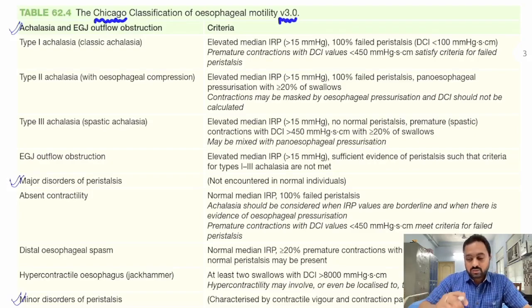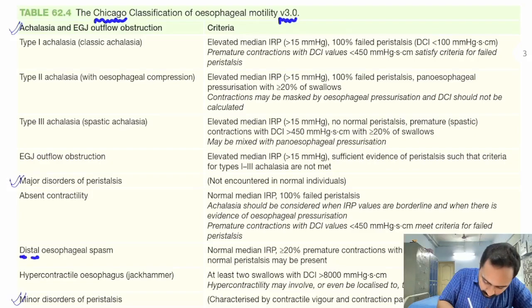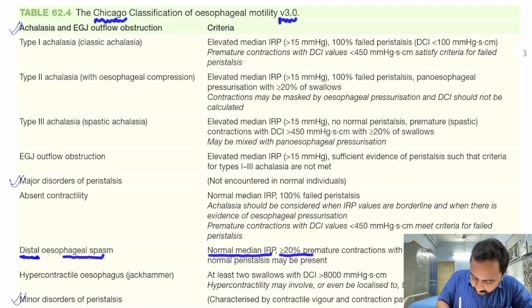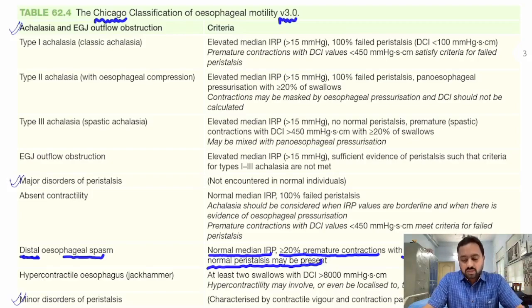Coming first to the previous edition, which is mentioned in most of your textbooks: here we have distal esophageal spasm, where you have a normal median IRP, more than 20% premature contraction, DCI more than 450, and some normal peristalsis may be present. In such charts you might get questions asking about their DCI values, where you need to classify whether it's type 1, type 2, or type 3 achalasia.